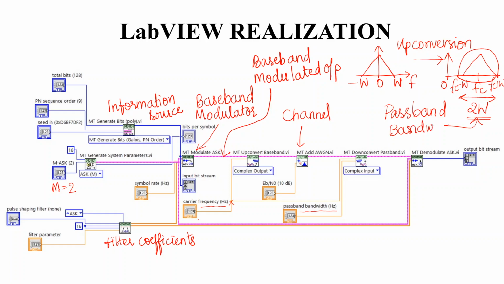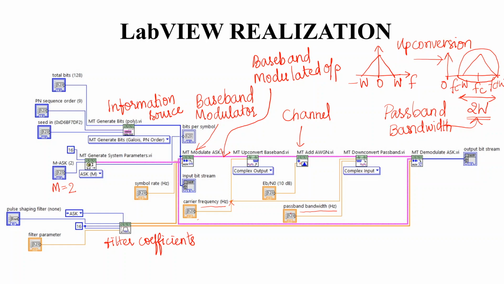So this is necessary information to be provided to the down converter so that it will get to know where, and how large a window, it should look for the message around the center frequency FC. Therefore passband bandwidth is necessary on the receiver side to provide the window within which my receiver has to look for the information.